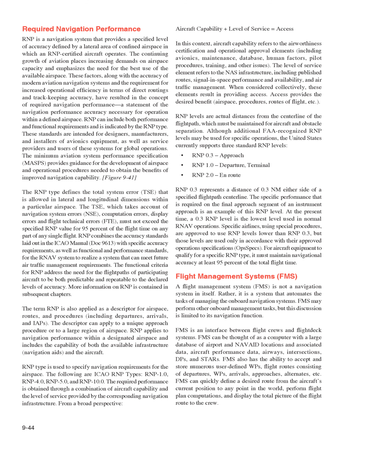FMS also has the ability to accept and store numerous user-defined WPs, flight routes consisting of departures, WPs, arrivals, approaches, alternates, etc. FMS can quickly define a desired route from the aircraft's current position to any point in the world, perform flight plan computations, and display the total picture of the flight route to the crew.